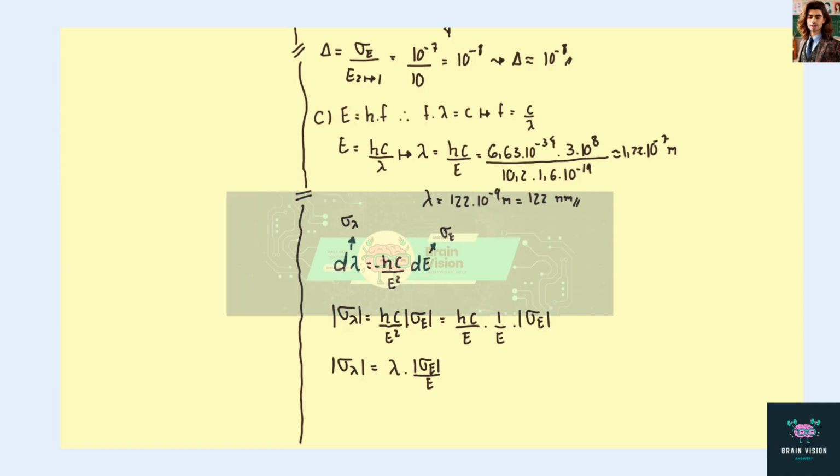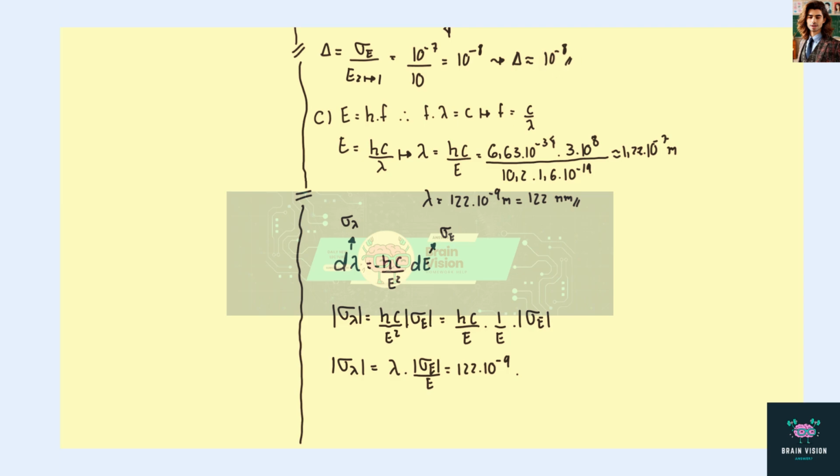And now we have to plug in the values. This is just the value of the wavelength we have just evaluated, 122 times 10 to the minus 9 meters. Now we have to plug in the energy uncertainty and the energy, but we had already calculated this ratio earlier, and we know that this ratio is 10 to the minus 8.